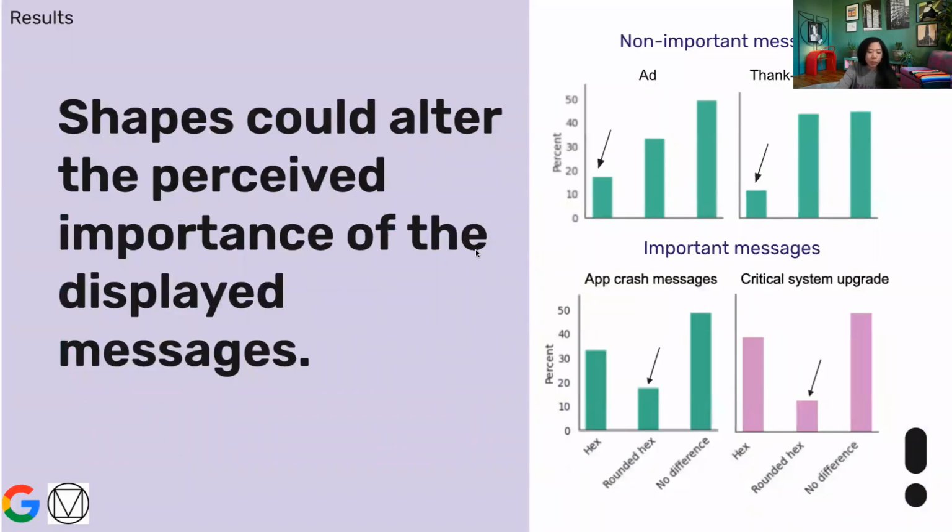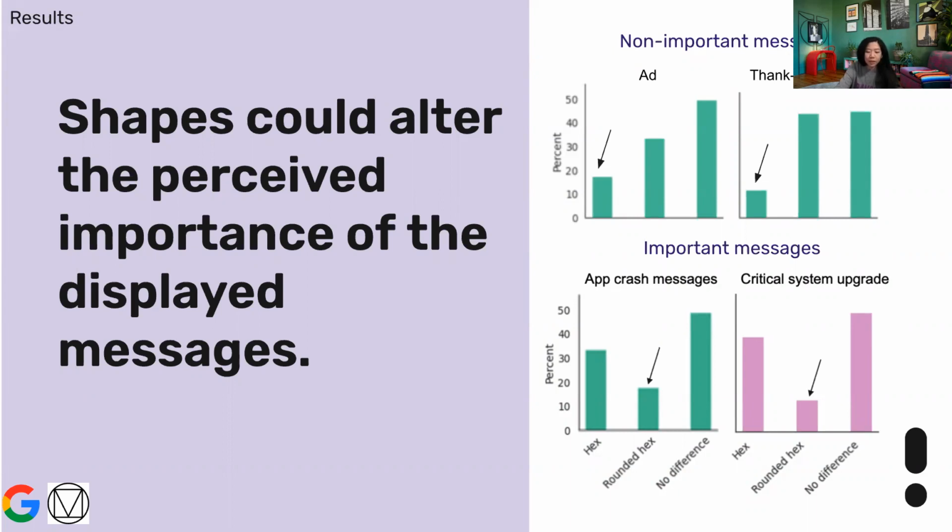We used different messages to represent important versus non-important messages. We found that shapes could impact the perceived importance of the displayed content. We found a significant difference for pair 2, the angular hexagon versus rounded hexagon.